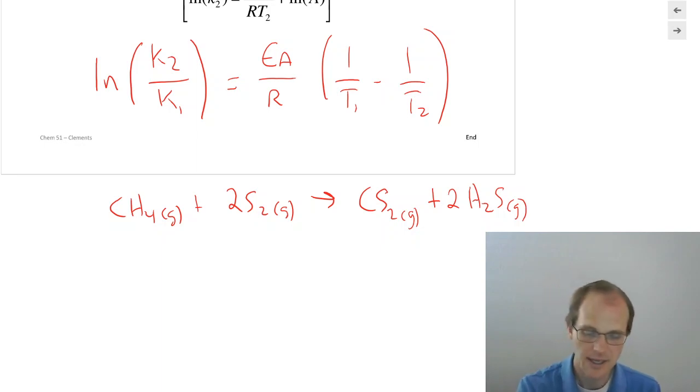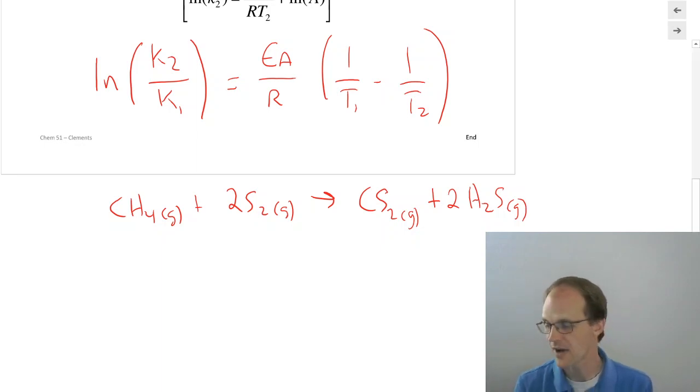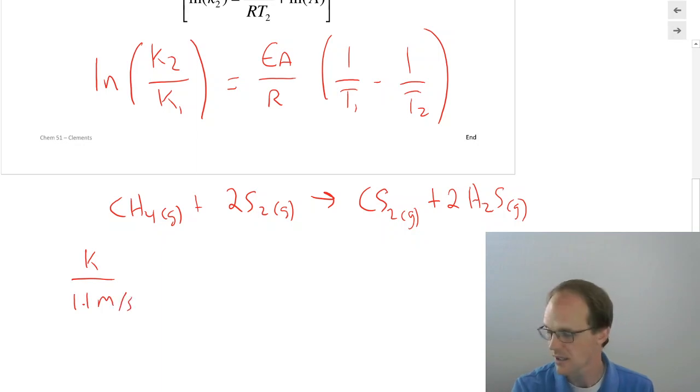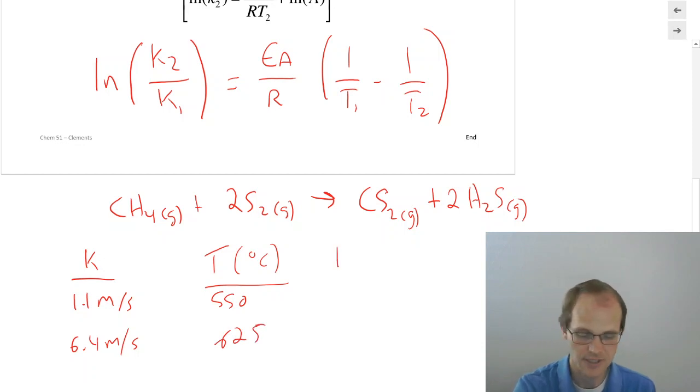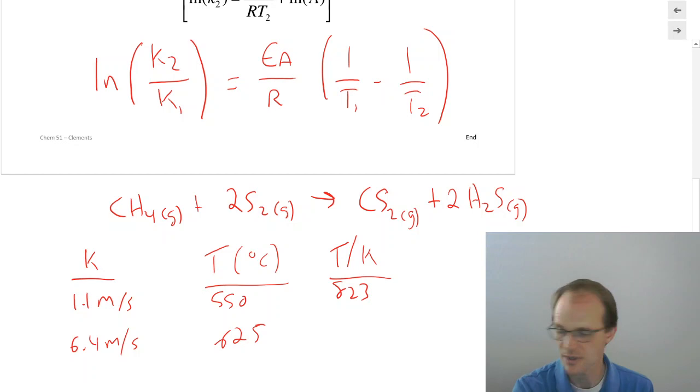And we're going to go ahead and find some rate constant versus temperature data. So we've got K as 1.1 molar per second and 6.4 molar per second, and my temperature in degrees Celsius is 550 and 625. And of course, I actually need my temperature in Kelvin, and so that's going to be 823 and 898.